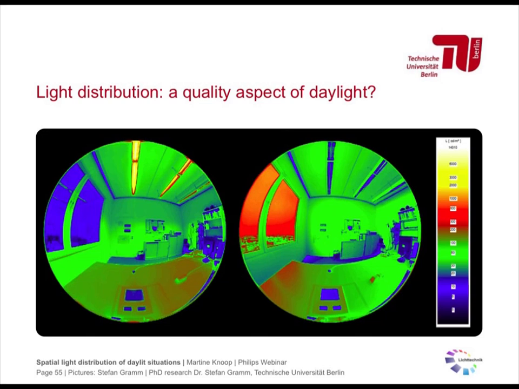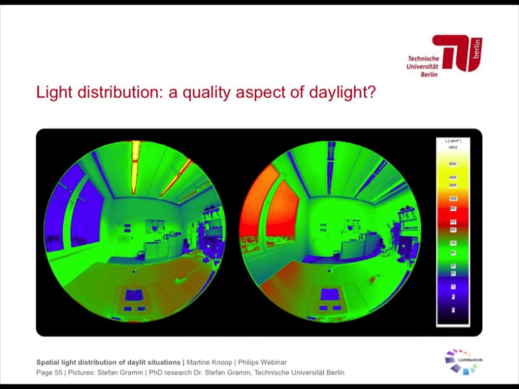The research of Stefan Gram, as already said, indicated that the visual lightness of the room in this situation was perceived as less than this one. So this room was perceived brighter, but the people preferred this situation more. The appraisal of the daylit room was higher.